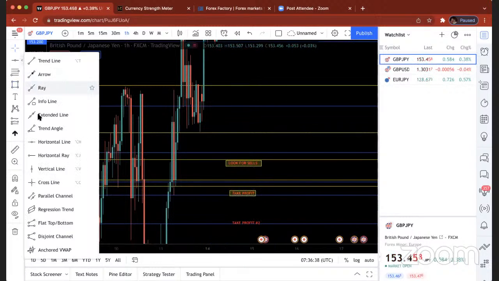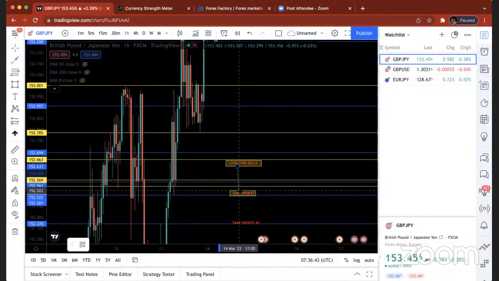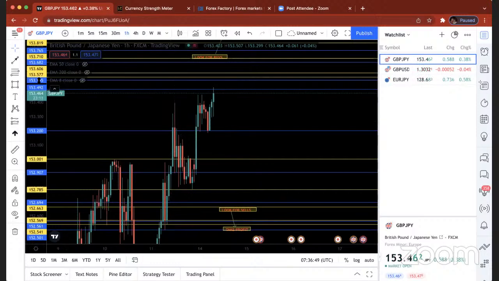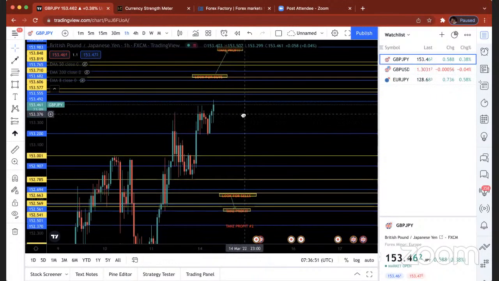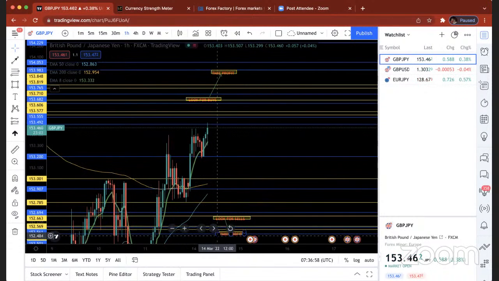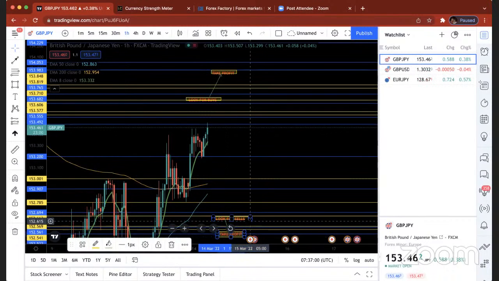Does everybody like GU better? Or does anyone like GJ better? And I'm not talking about the pair, I'm just talking about the setup.